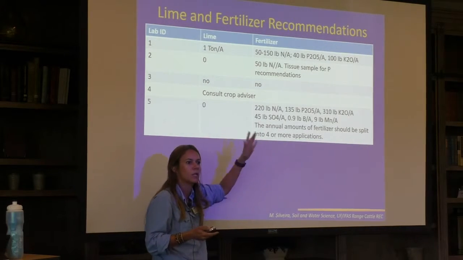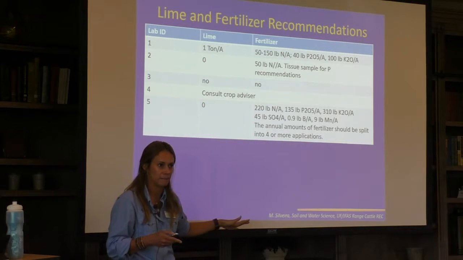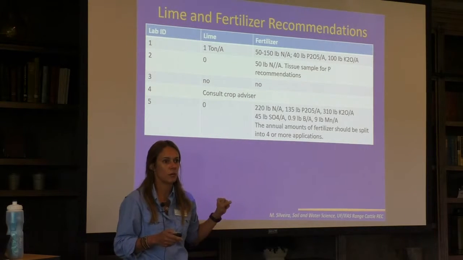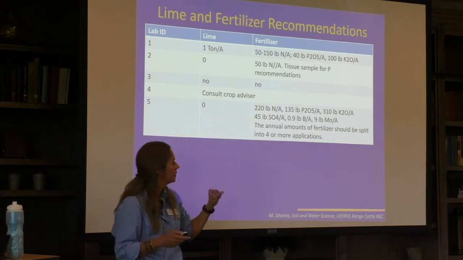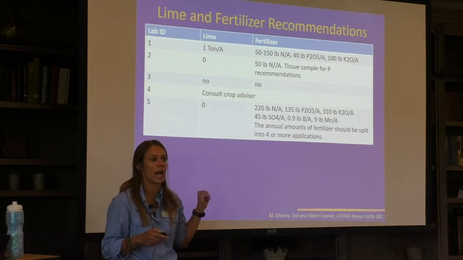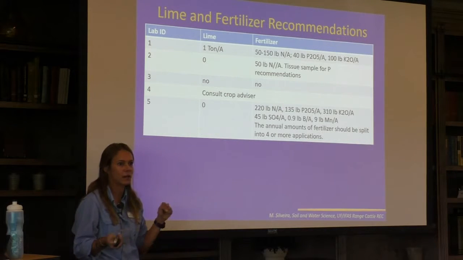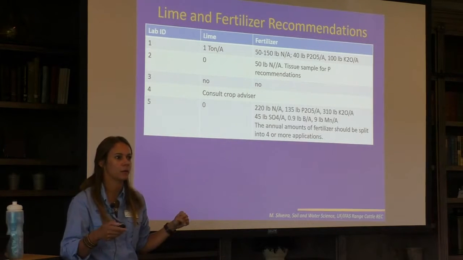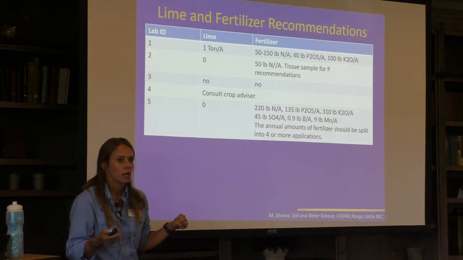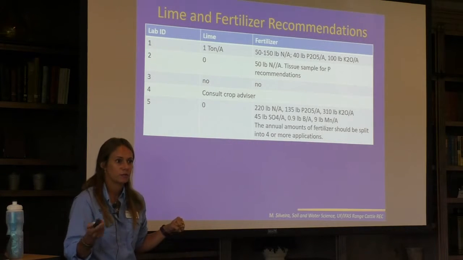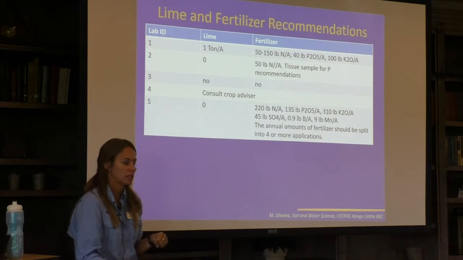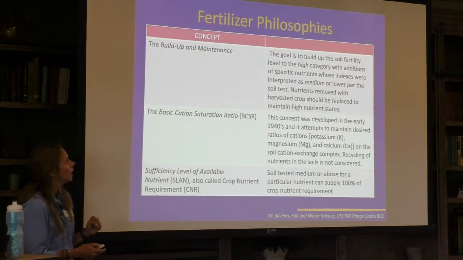The exact same sample, and the results can vary significantly. Usually, if you send it to a commercial lab, the fertilizer recommendations are going to be much higher. So producers often ask us why, and they always relate it to an environmental factor, thinking we're trying to prevent them from applying fertilizers so they don't cause any water quality problems, but it's not.